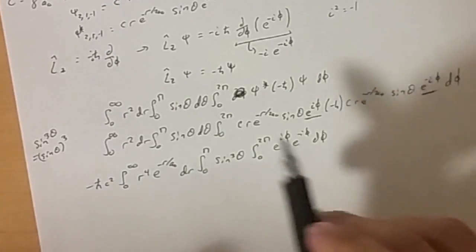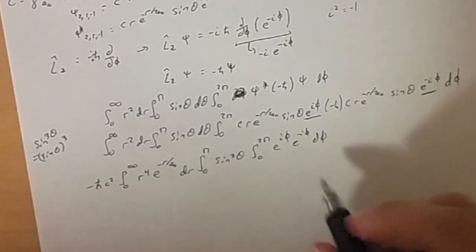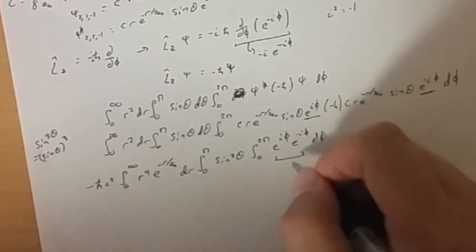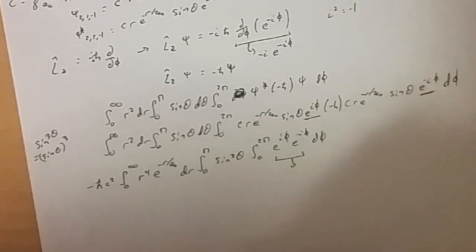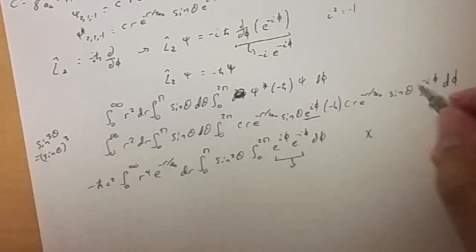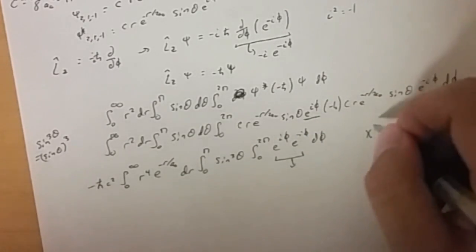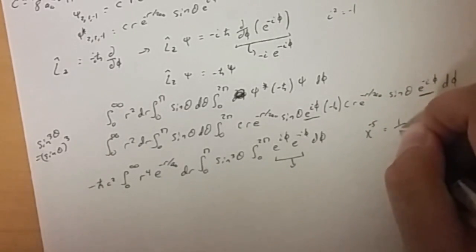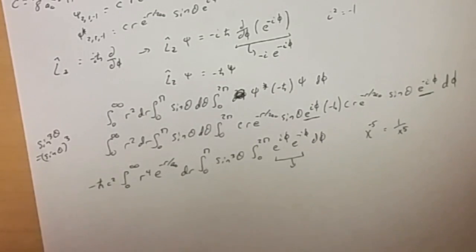Okay, so let's just evaluate these integrals one at a time. This is actually easy because this is just 1. There's a couple different ways we can look at it, but the simplest way is that if you've got an exponent, let's say x to the 5, x to the negative 5 is the same as 1 over x to the 5.